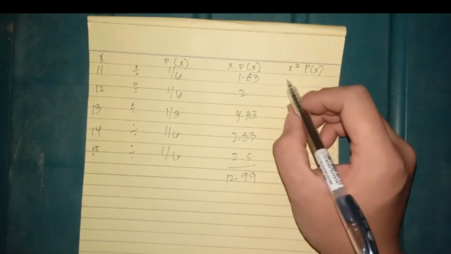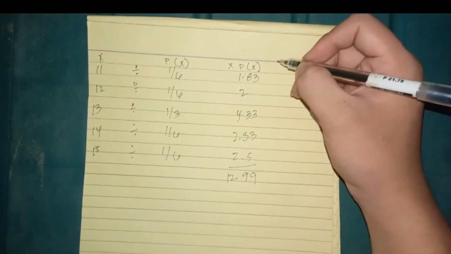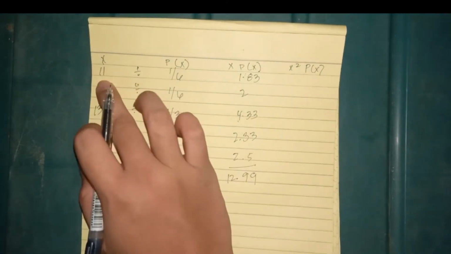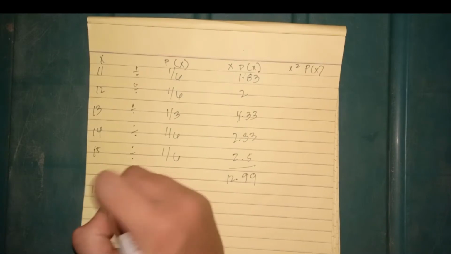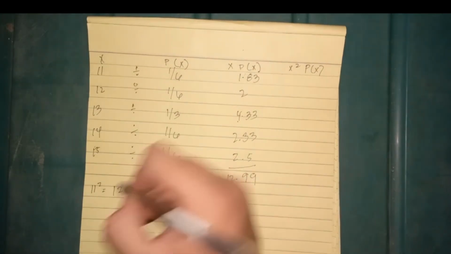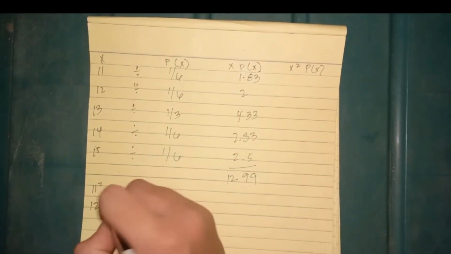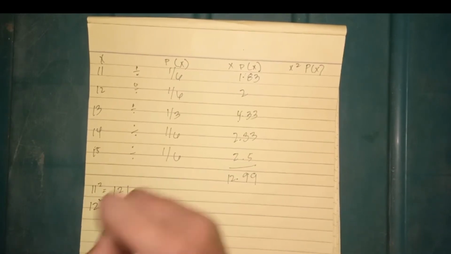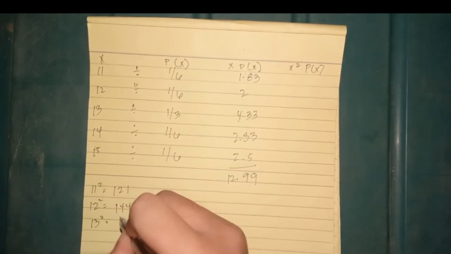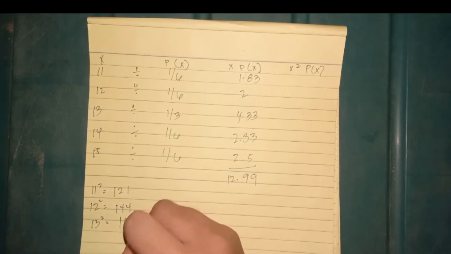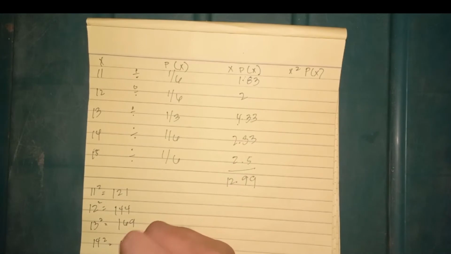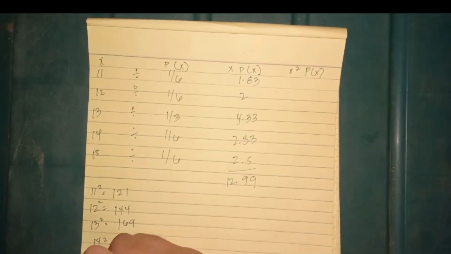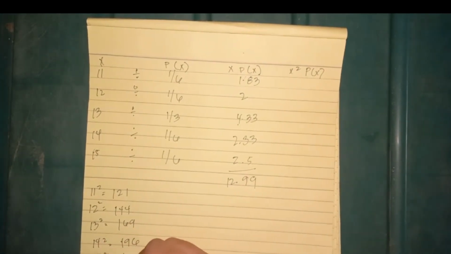Ang ginawa ko kasi dito is una, kinuha ko muna yung mga squared nito, which is 11 squared is equals to 121. 12 squared is equals to 144. 13 squared is equals to 169. 14 squared equals to 196. 15 squared is equals to 225.